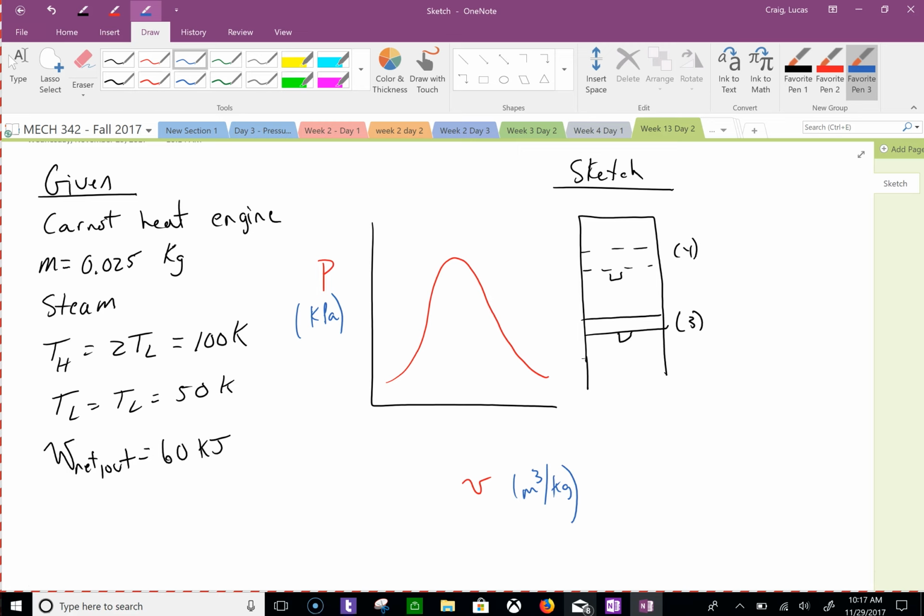Remember this in chapter 3? A long time ago? We're in chapter like, what now? 6? This is a PV diagram. And it said it went from what to what? Yep, saturated vapor to saturated liquid. So that is from here to here, right?